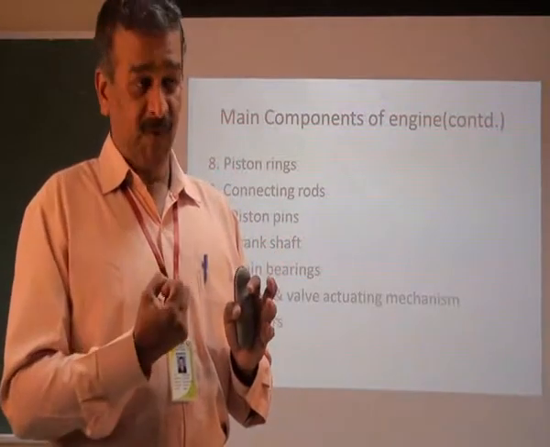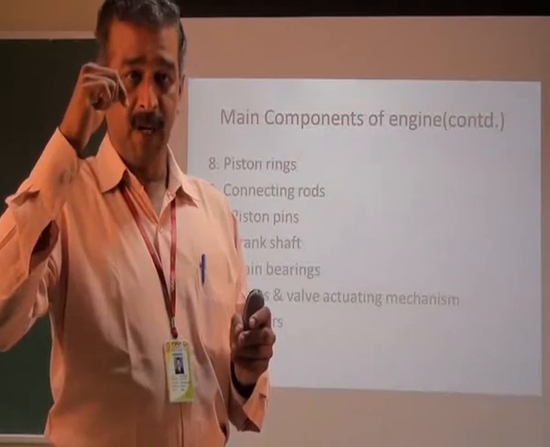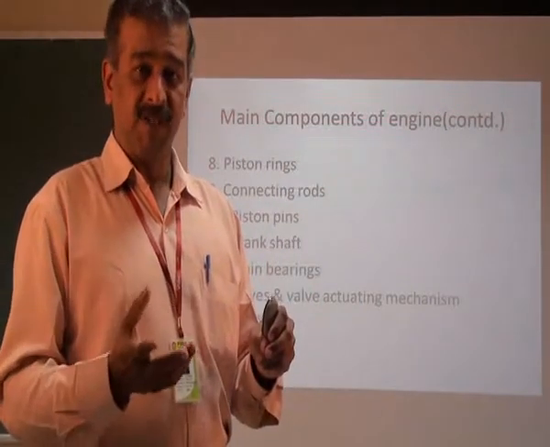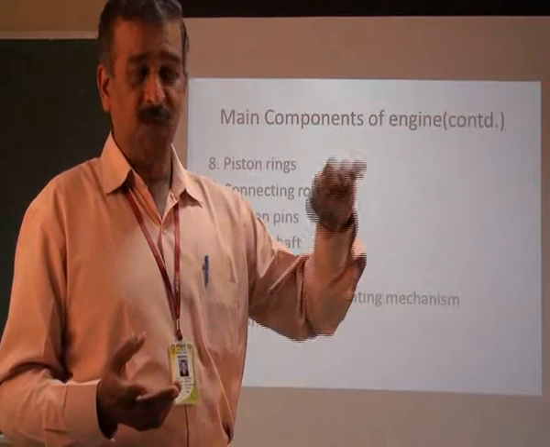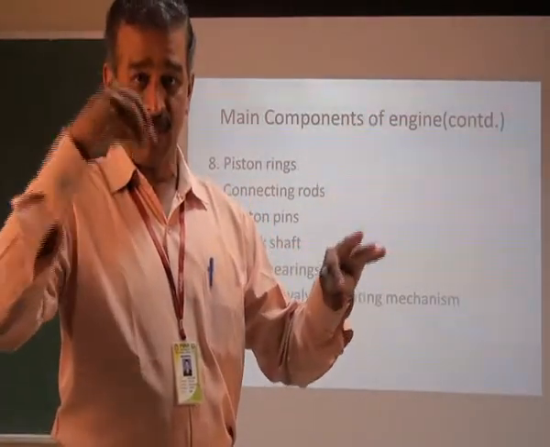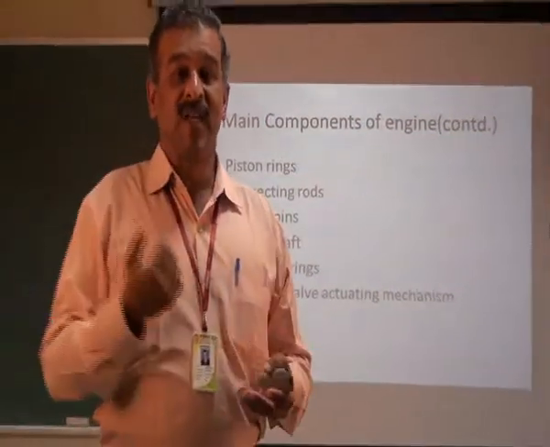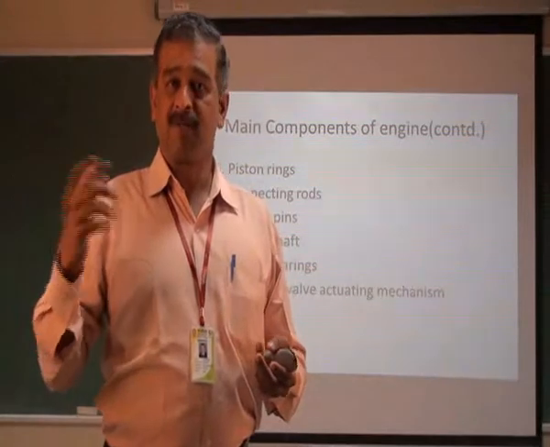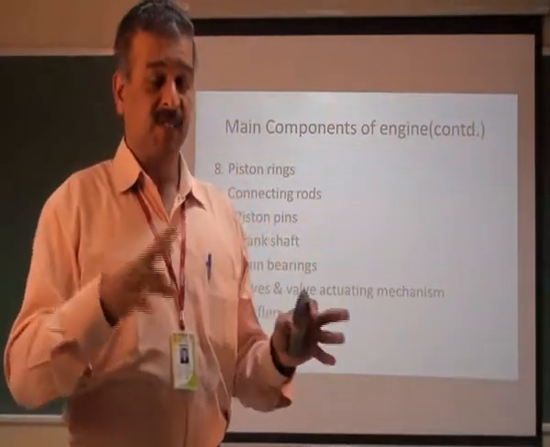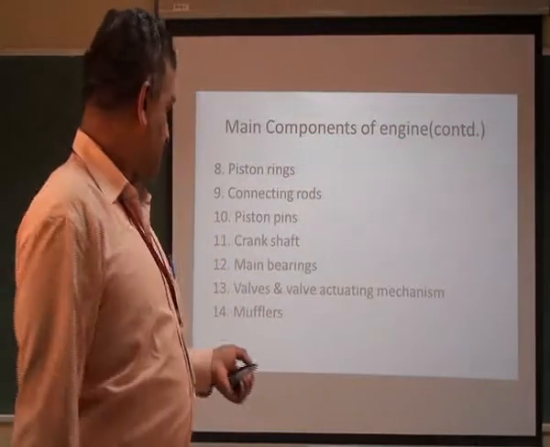When we need the fuel to get in, only then the inlet valve has to be open. And after the combustion has taken place, only the outlet valve should be open. If at that time the inlet valve is also open, then the exhaust gas may go through the inlet valve, which may cause some problems in the system. So this is about the valve actuating mechanism. Let us see that in detail also.